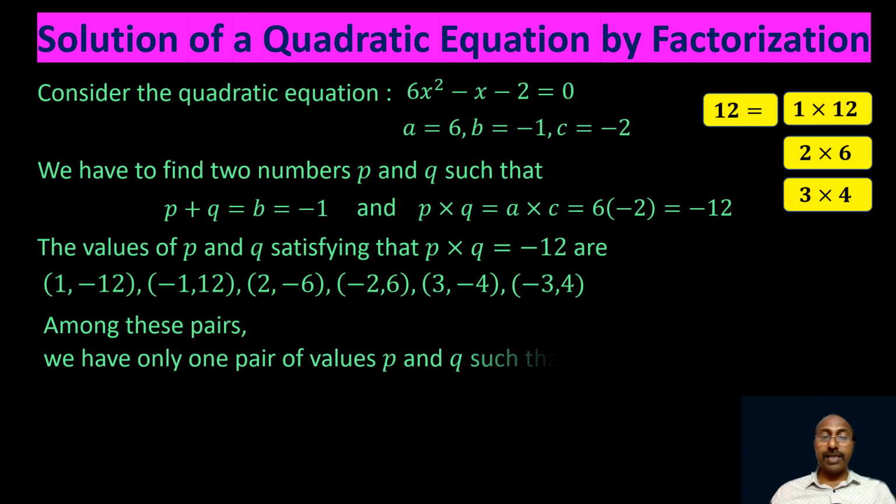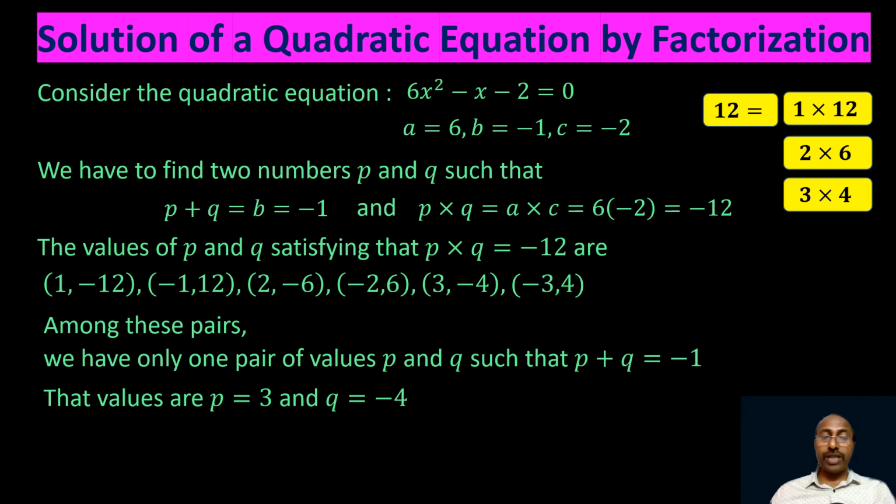Among these pairs we have only one pair of values p and q such that p + q = -1. Those values are p = 3 and q = -4, isn't it? So 3 + (-4) is -1, and 3 × (-4) is -12, which is equal to p × q.